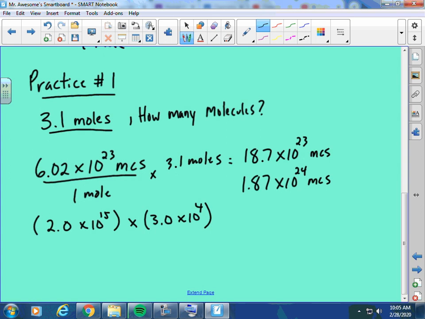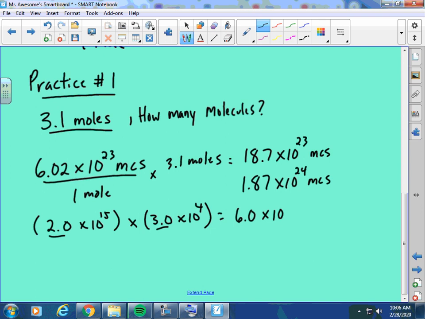So scientific notation actually makes it really easy to multiply big numbers, or even divide, which we'll see next. If I were to multiply these two numbers in scientific notation, it's the same idea. Take your normal part and multiply it normally. So 2.0 times 3.0. What is 2 times 3? 6. So I'm going to write 6.0. But now, with it being scientific notation, I've got to have that times 10 thing.